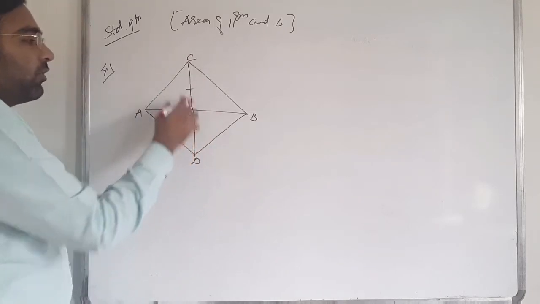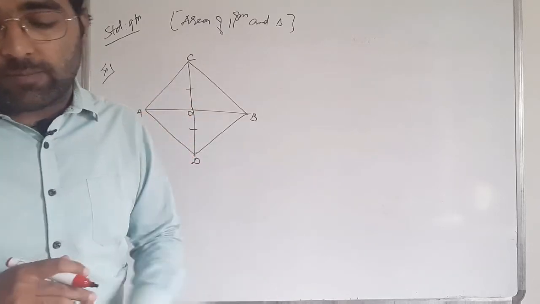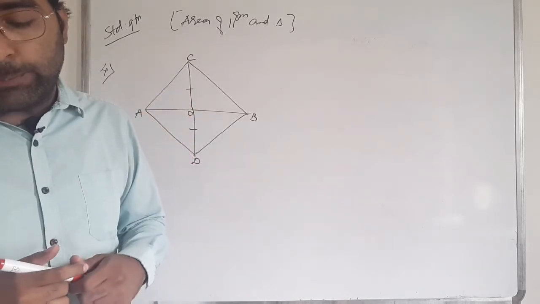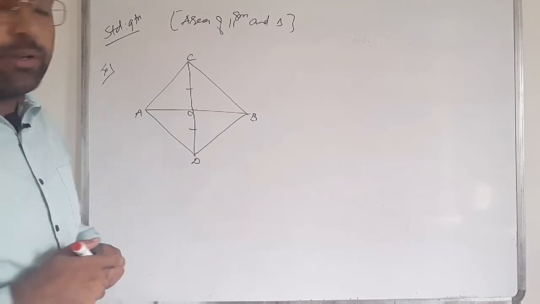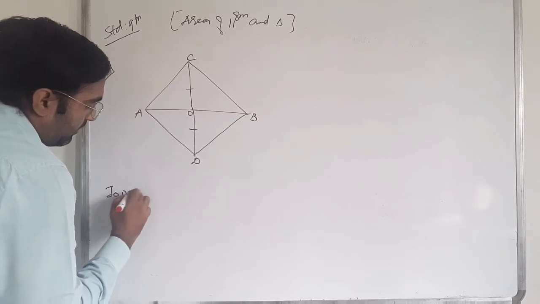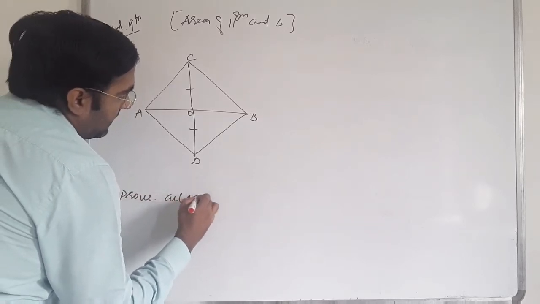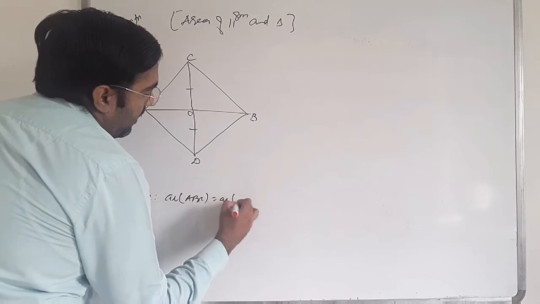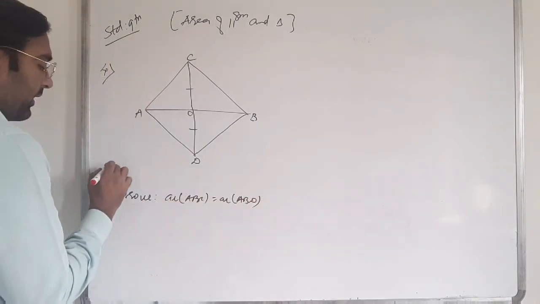Therefore we have to say that OC is equal to OD. And we have to show, to prove, that area of ABC is equal to the area of ABD. Clear?